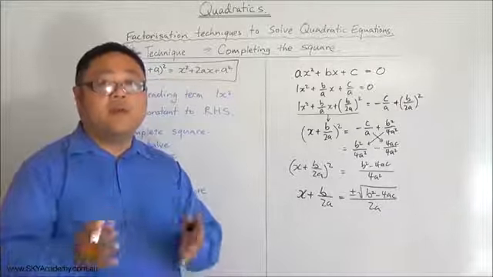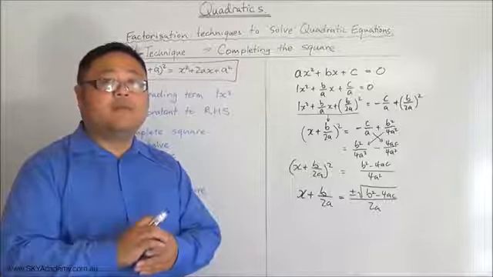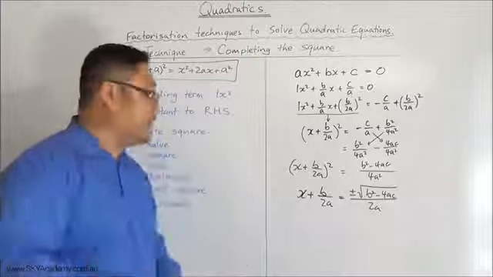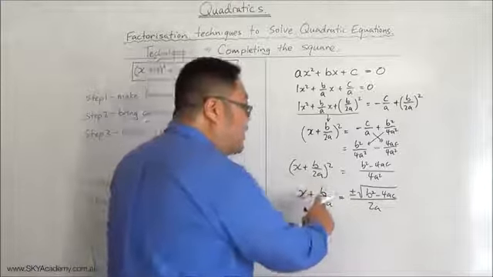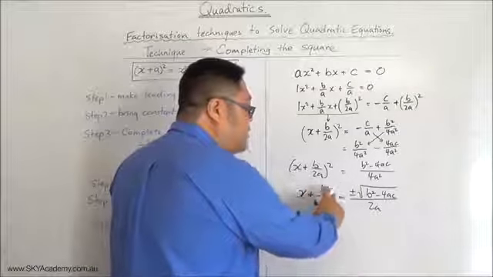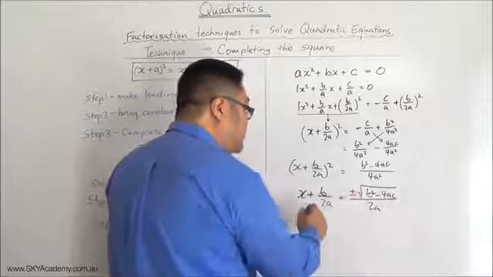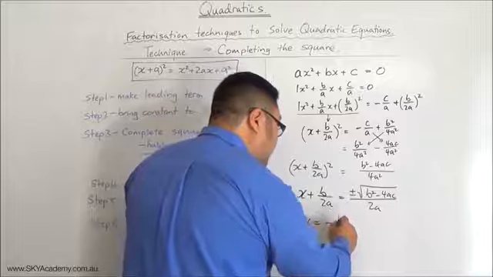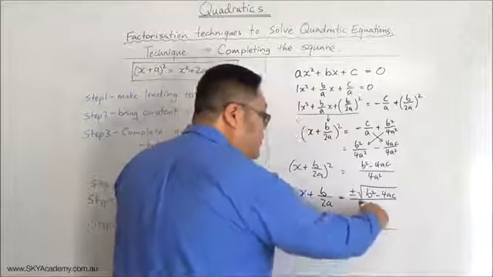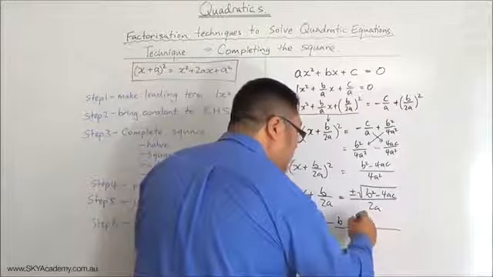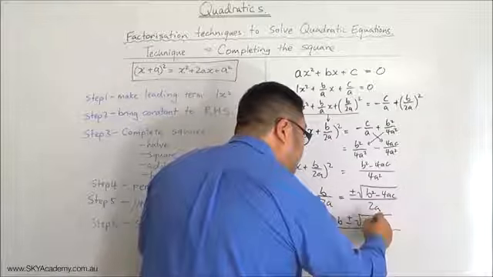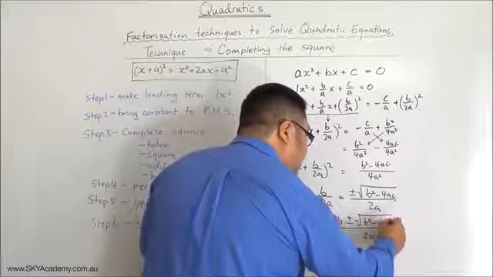which is basically the fourth and final technique that allows us to solve quadratic equations. And so the only step that remains is to bring this term over to the right hand side. x is equal to minus b, all over 2a, plus minus the square root of b squared minus 4ac.